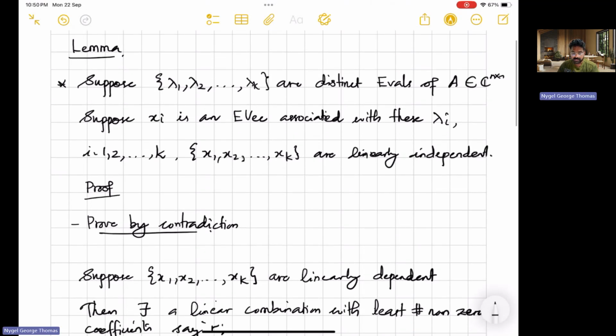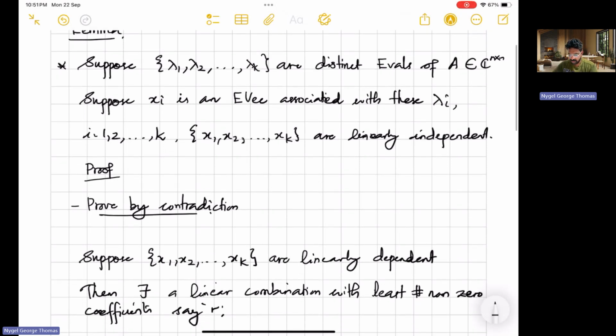So if there are k distinct eigenvalues, there exist k linearly independent eigenvectors. This is basically the gist of the result.